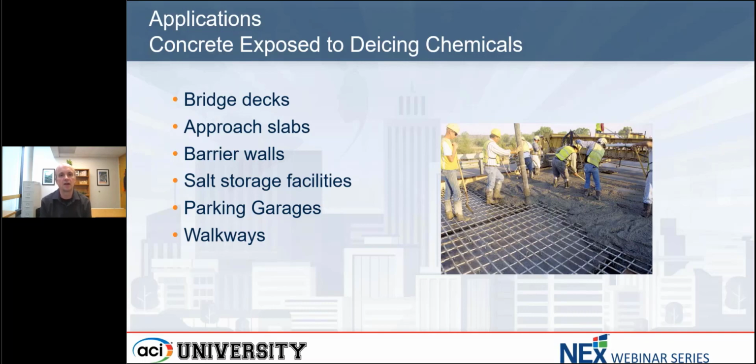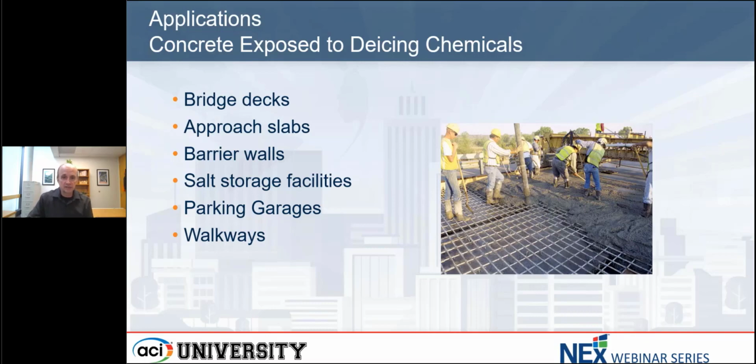By using a non-corrosive reinforcement, you can dramatically reduce the maintenance on these concrete bridge decks, and you can extend the life of these structures by using FRP reinforcement. So this has been done in a lot of different places around the world to try to mitigate these effects of corrosion, limiting the lifespan and increasing the maintenance of concrete bridge decks.